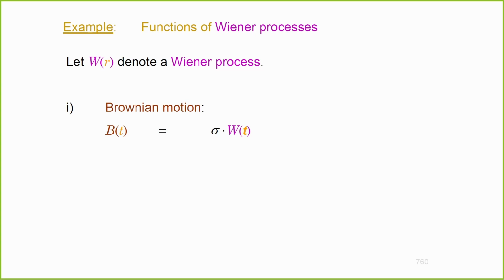Again, the square of the constant is the factor by which the variance of this process is increased relative to that of the Brownian motion. You already know that.